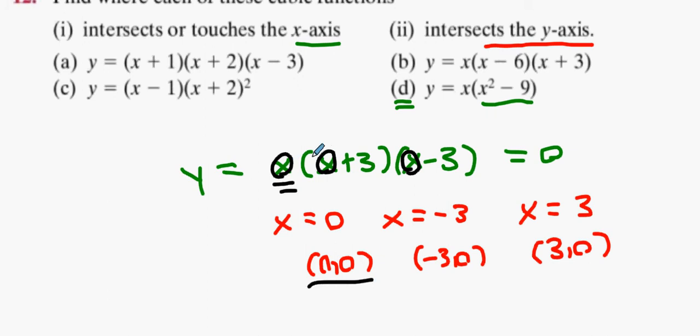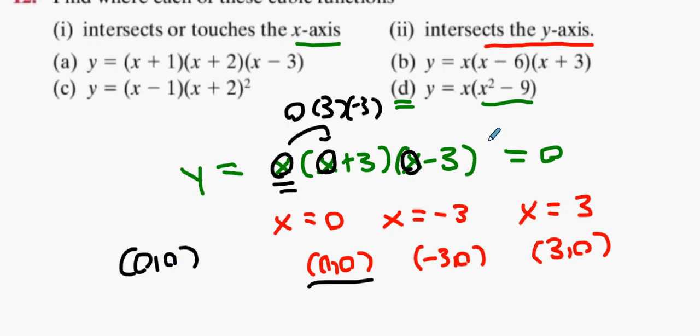Because when you multiply anything by 0, it's going to be 0 times 3 minus 3, which is still 0. So across the y-axis, that's 0, 0. Is that right? So to do part 1, you find out the answer of y equals 0. To do part 2, you find out the answer of x equals 0. Alright, will you guys try part C on your own then?